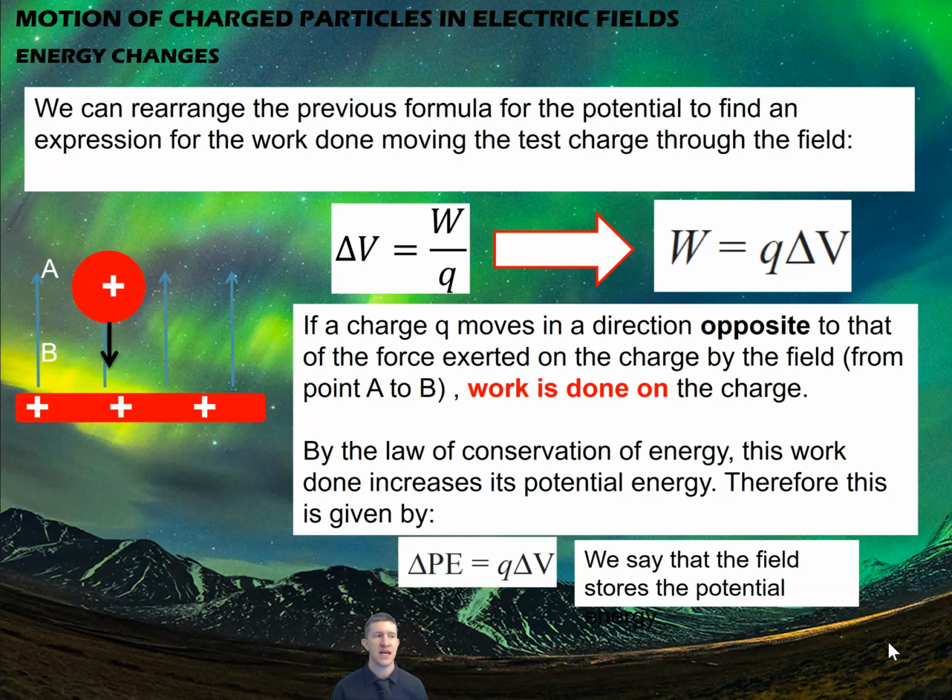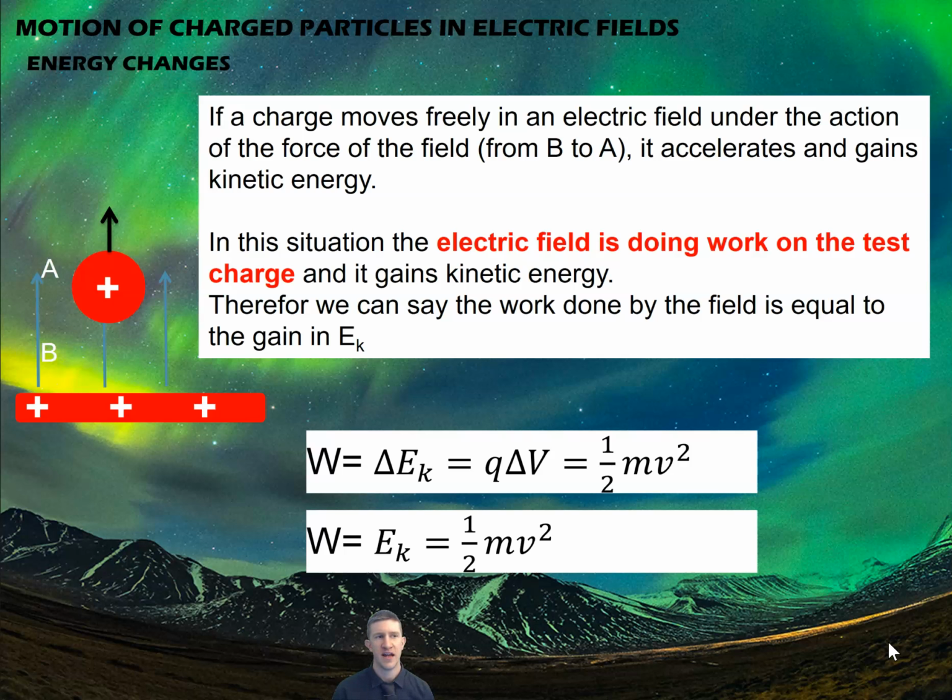If you are moving against the stream, which is trying to push you downriver, and you're fighting against it, then you are doing work against the stream. So you're doing work on the object, the canoe, whatever it is, to oppose its motion. And the field, in this case the electric field, is the thing that's actually storing that potential. The object itself can't necessarily store potential, so we would say that the field is storing it.